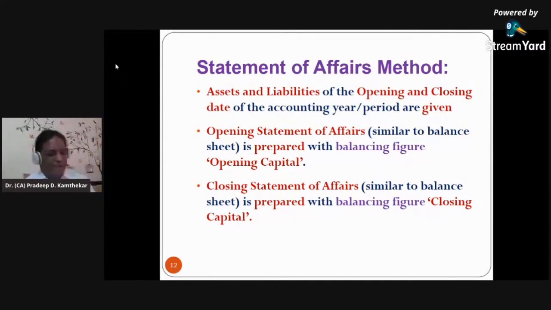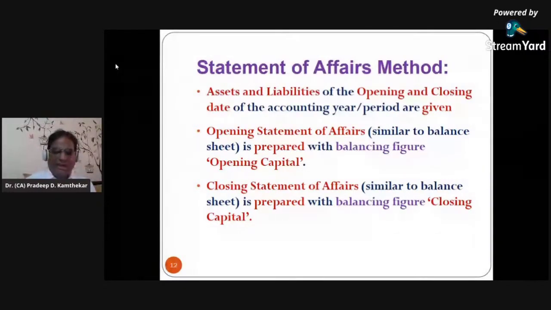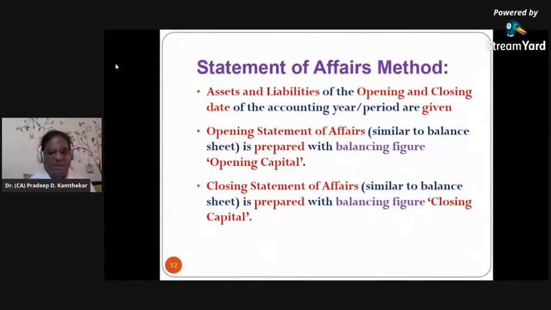So with these opening assets and liabilities, we prepare the opening statement of affairs, where we normally get a balancing figure as opening capital. Similarly, with closing assets and liabilities, we prepare a statement of affairs, which looks like a balance sheet, but with a balancing figure, which is the closing capital.